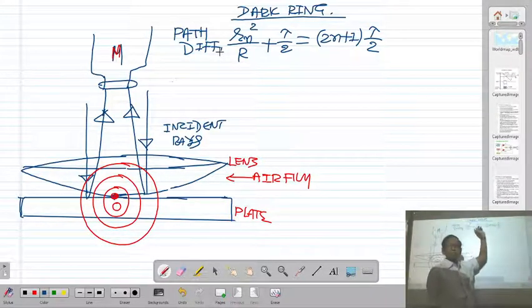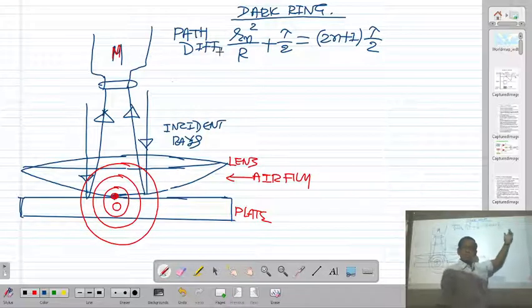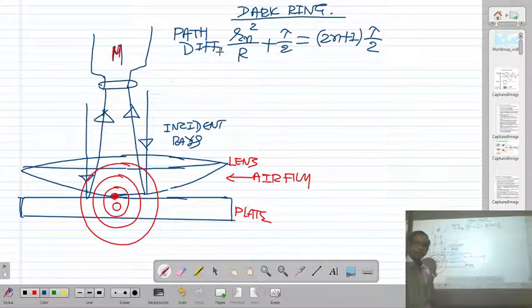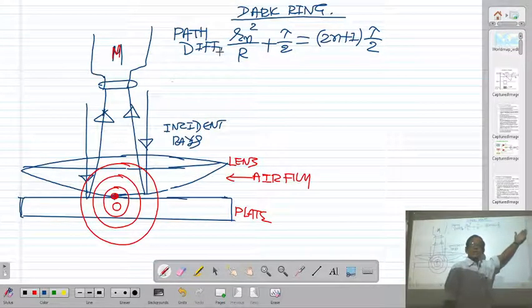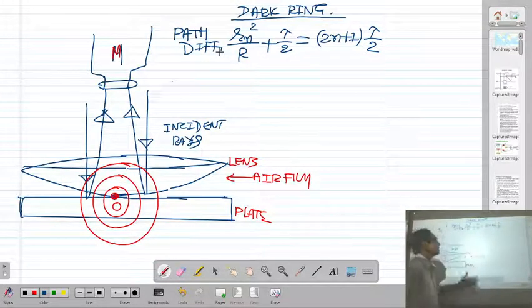For dark ring, the path difference is not n lambda but (2n plus 1) lambda by 2, then destructive interference occurs and we get a dark ring.